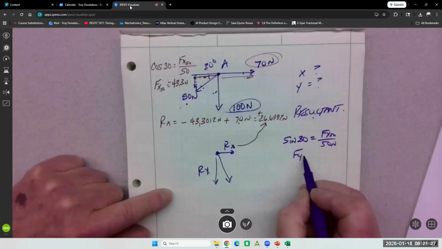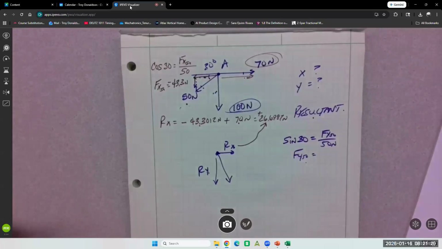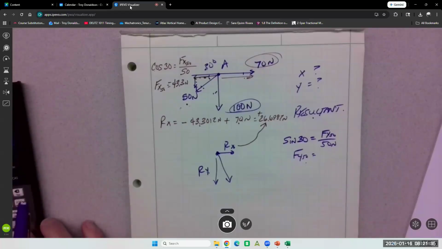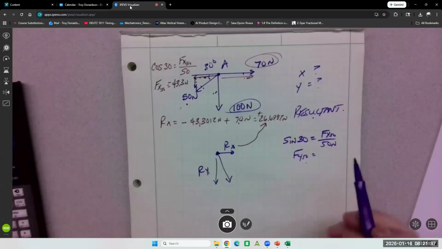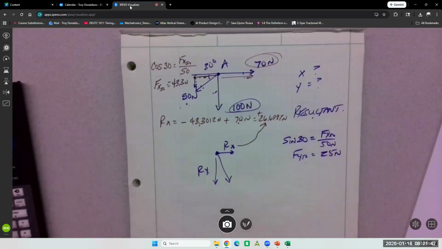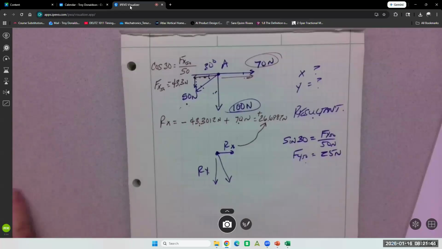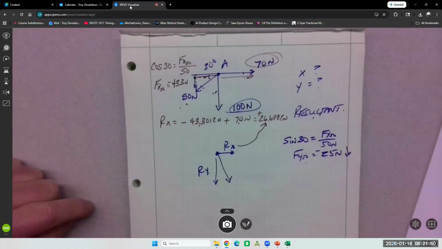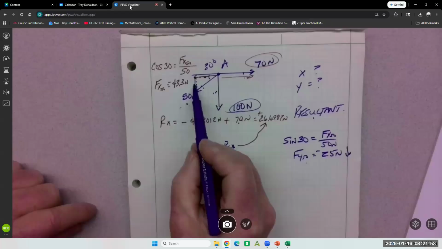Fy of the 50 equals 50 times sine 30, which is 25 even. And that's pointing down, so it's negative.